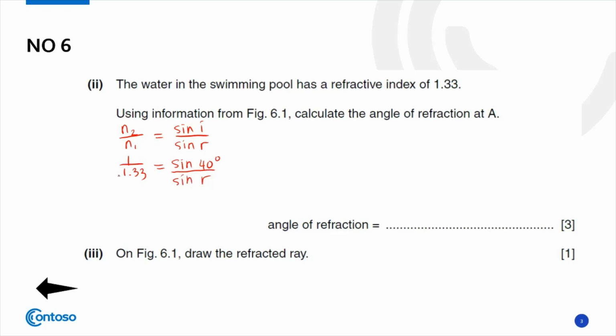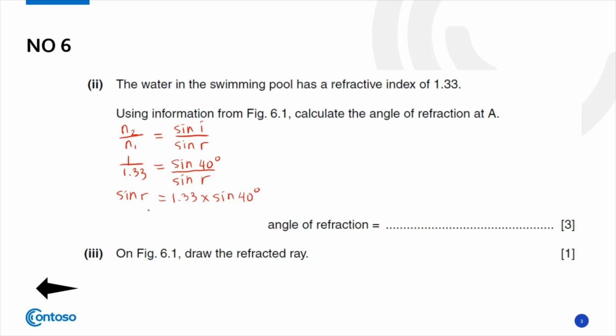This is the refractive index of water. Once again, the light comes from water to air. So this is the first medium and this is the second medium. Now we have sine R equals to 1.33 times sine 40 degrees.